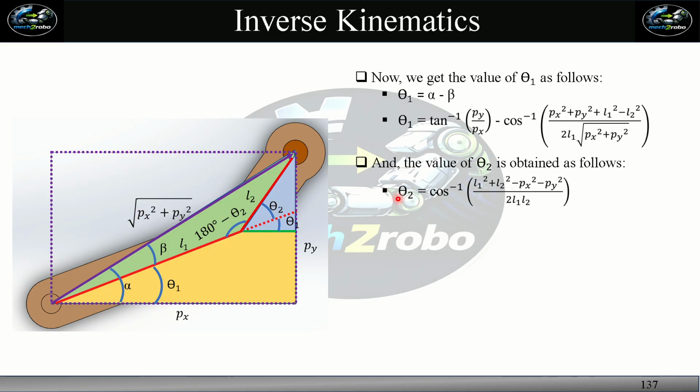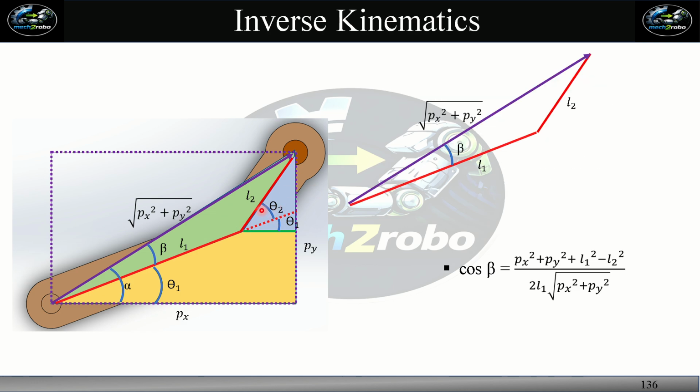Now to get the value of theta 2, we apply the cosine rule again. This whole angle is 180, and this angle is 180 minus theta 2.